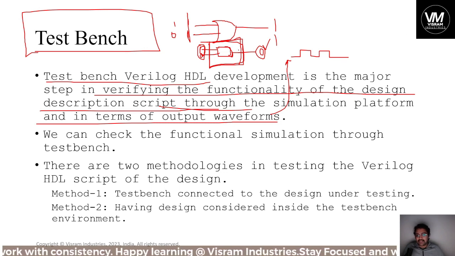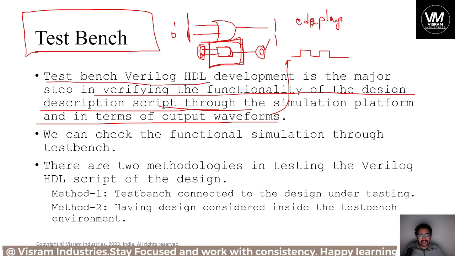And the best way to learn this test bench or design Verilog HDL example files is to go to the EDA Playground website. On the EDA Playground website you can register, and you can also write design Verilog HDL code and a test bench for the same design file.